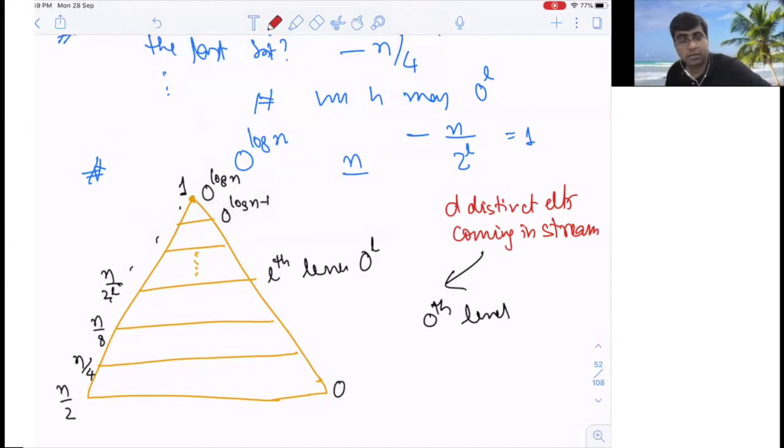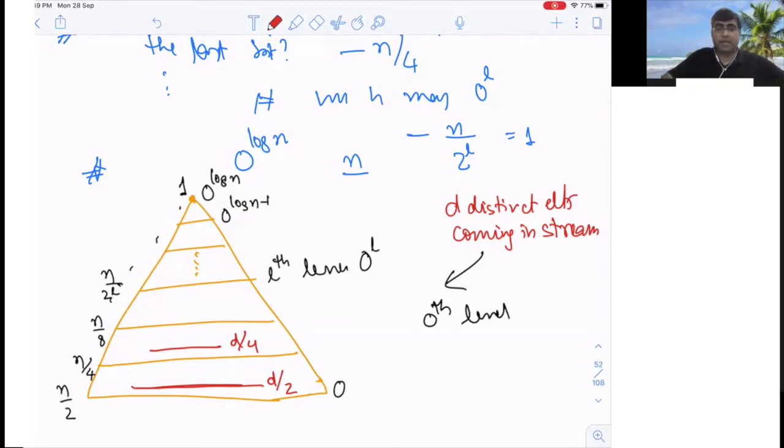Anybody? Half. Exactly. So you will see roughly d over 2. At the next level, how many will we see? Exactly. So this subsample of d elements also will behave exactly the way the normal elements behaved.